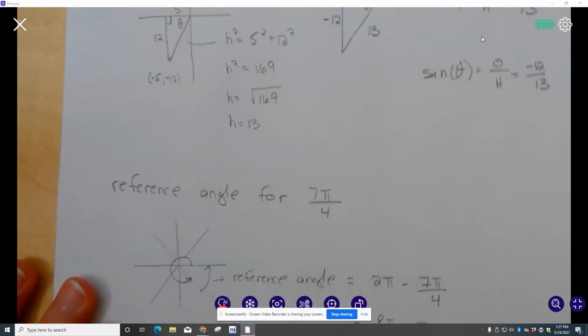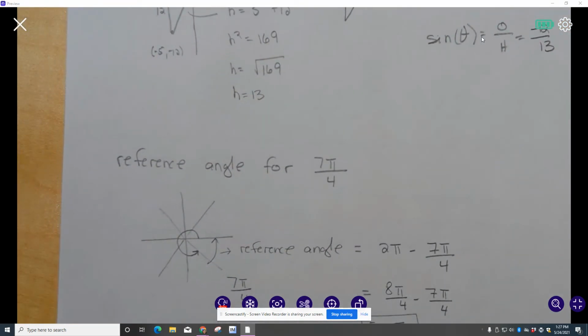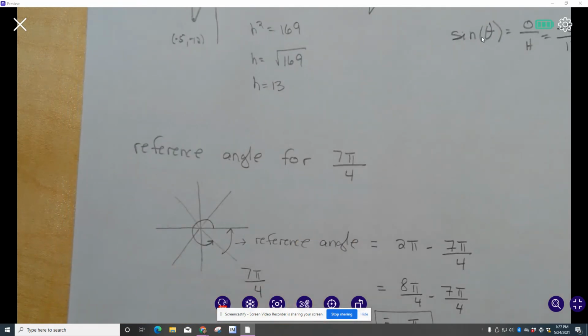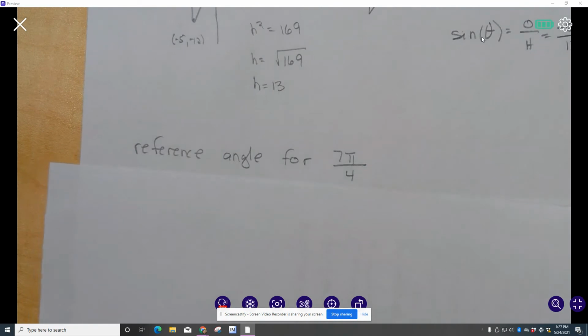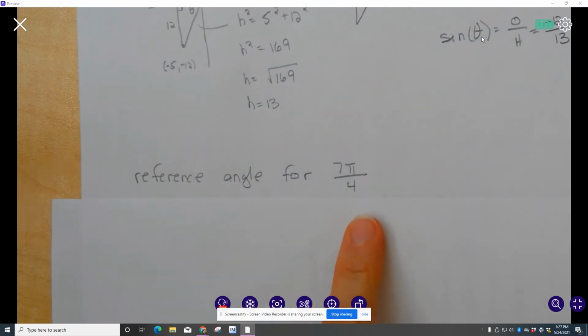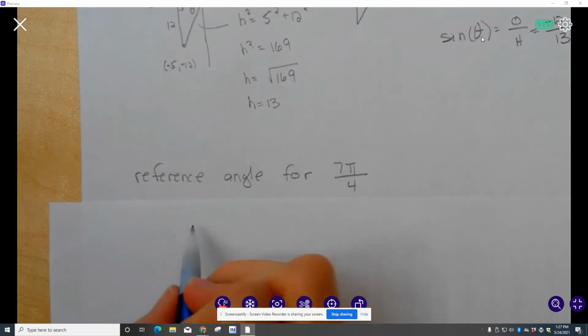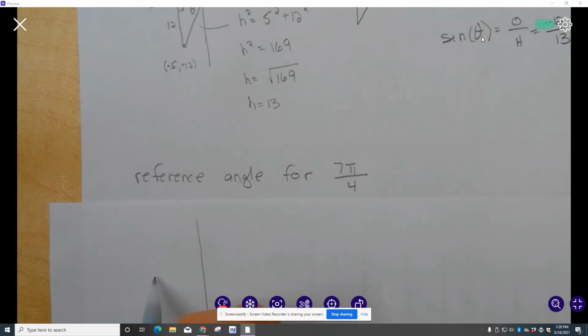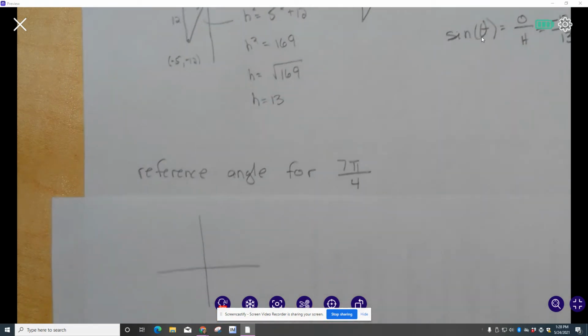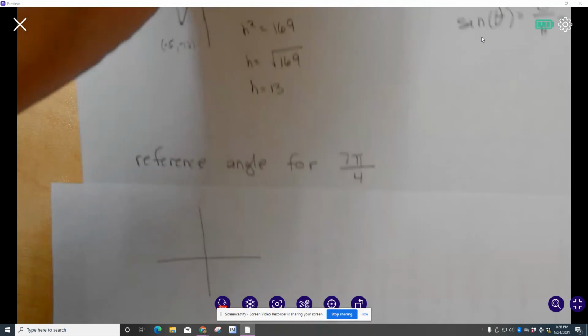The next ones were, and I'll probably redraw this also, they asked you to find a reference angle for this angle in radian measure. The first thing you want to do is find this angle. You could, if you prefer, convert it to degrees.